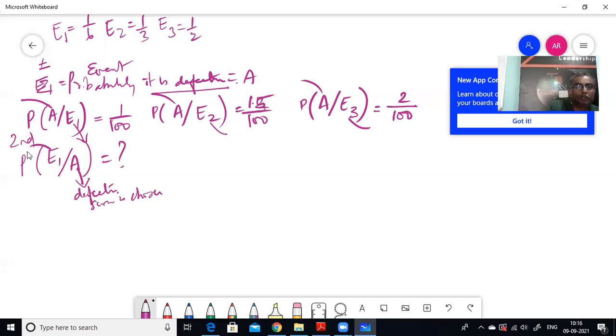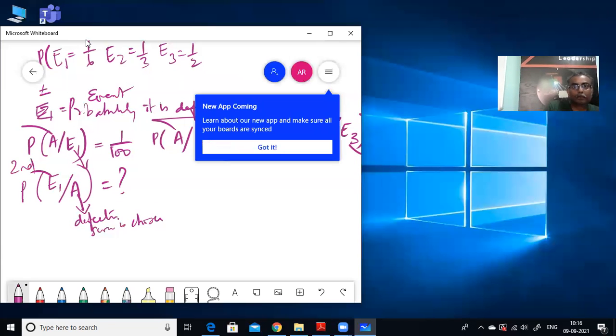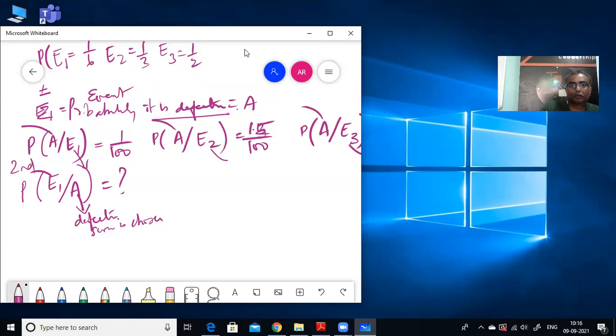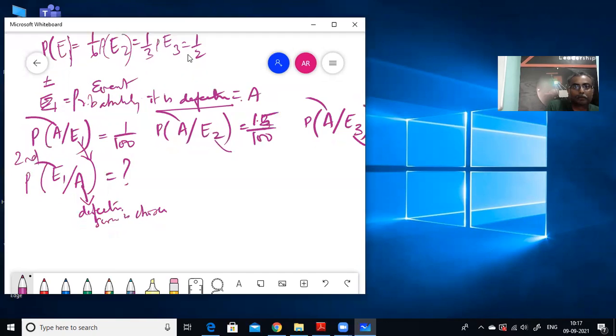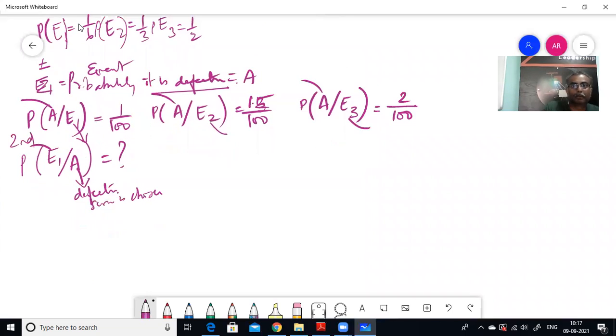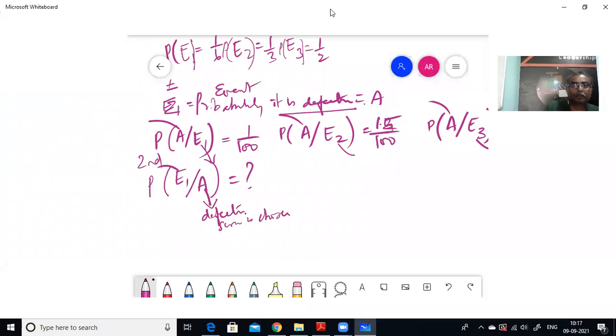You know P of E1 is equal to 1/6. P of E2 is equal to 1/3. P of E3 is equal to half.